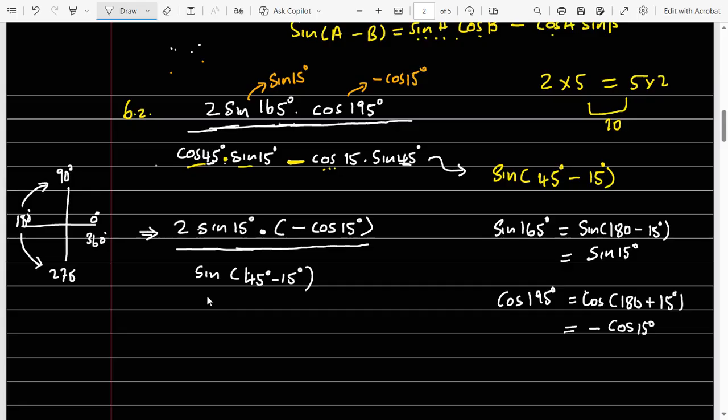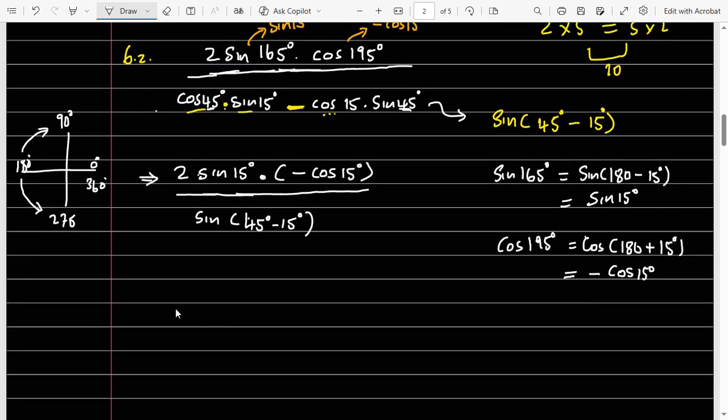Then what do we have on top? Let me arrange the top part. This will be negative 2 the sine 15 degrees, the cos 15 degrees, then everything is divided by the sine 30 degrees.